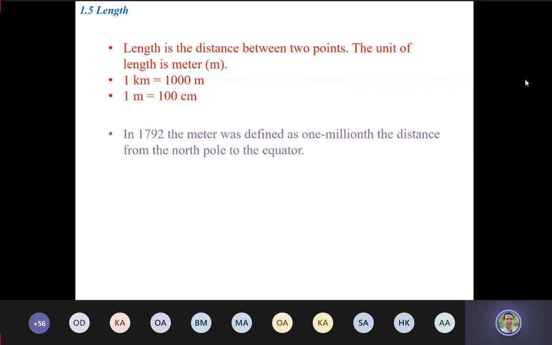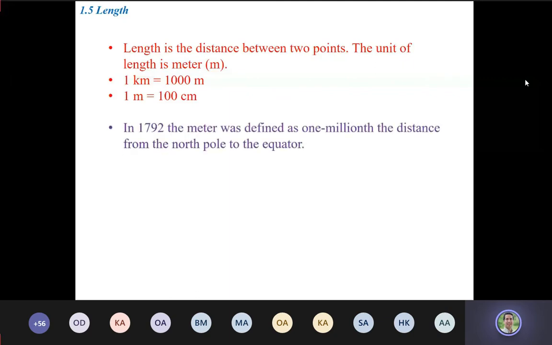How did the entire world come to know that the length of the meter is actually this much, and that it should be standardized? As I mentioned, there were a lot of unit systems and a lot of disagreements between people about how to measure things. Some people would use yards and feet and other kinds of units.